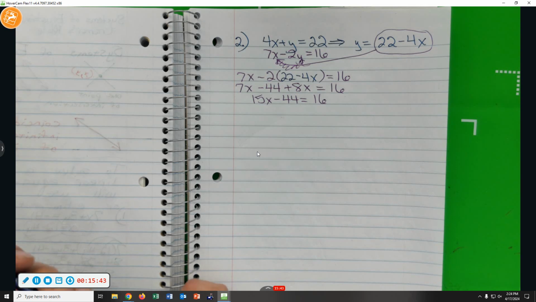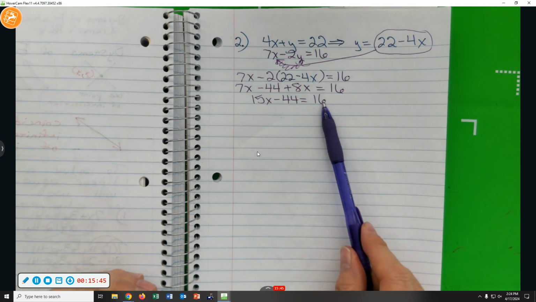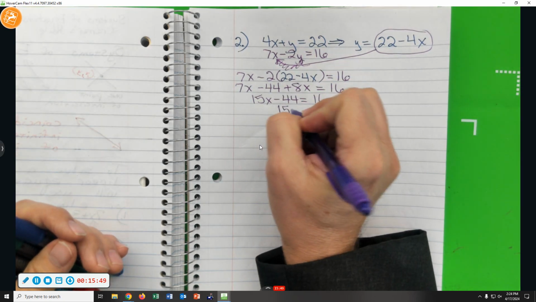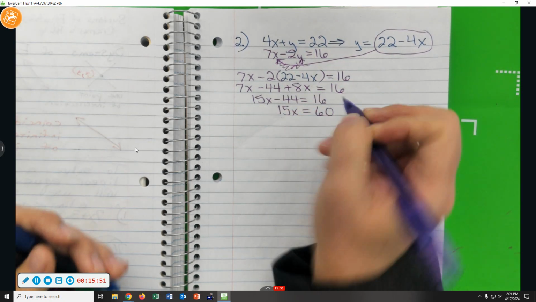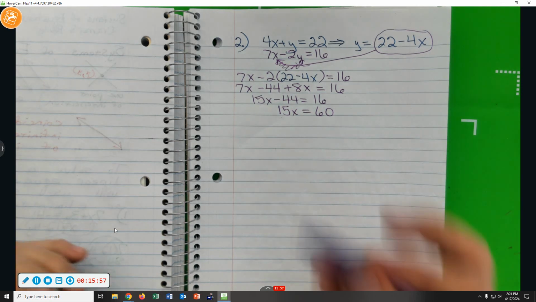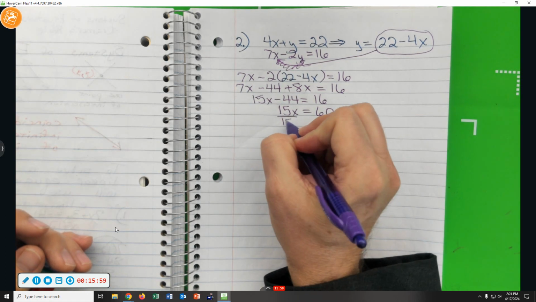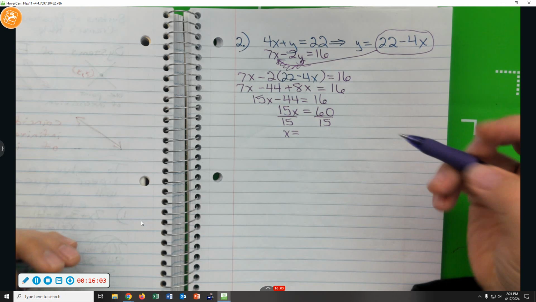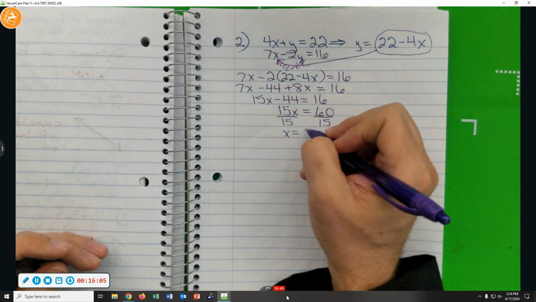Plus the 44. 16 plus 44 gives me a nice round number, 60. What do I do then? Divide by 15, to give me x equals 60 divided by 15, which is 4.